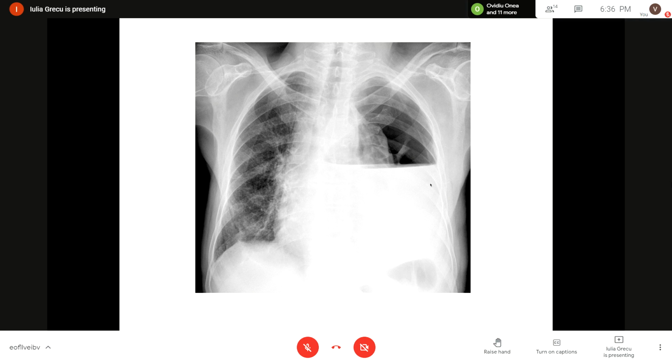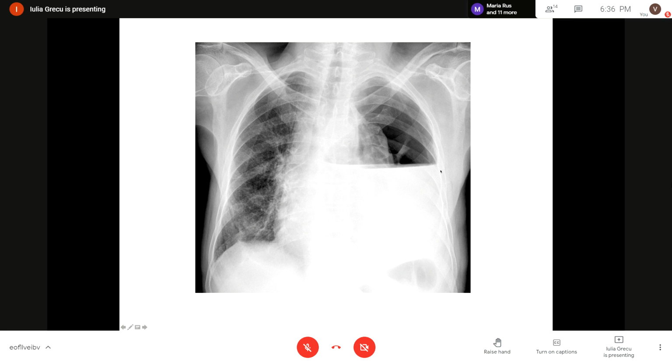You have described it very well. What you need to do from now on is to try to be a little bit more specific. You see a mixed image formed by an intense opacity in the inferior half of the left hemithorax and a hyperlucency in the superior part of the hemithorax. Between these two different regions and abnormalities, there is a perfectly horizontal line.